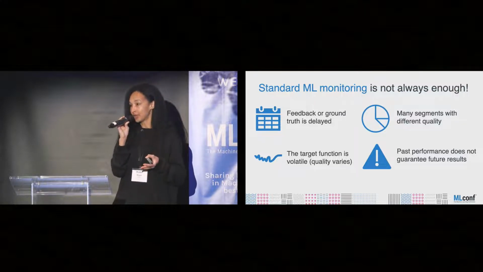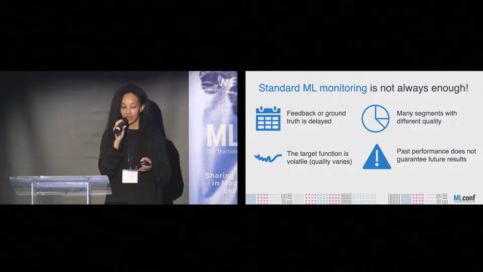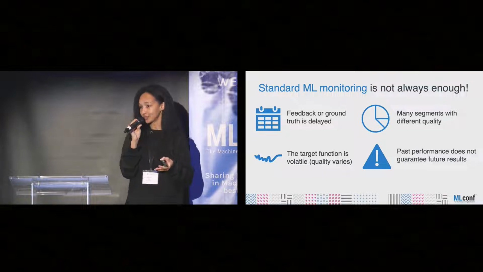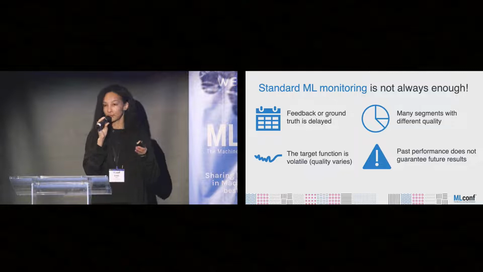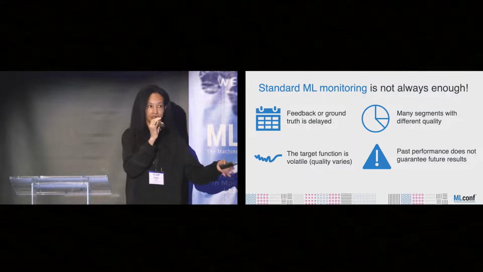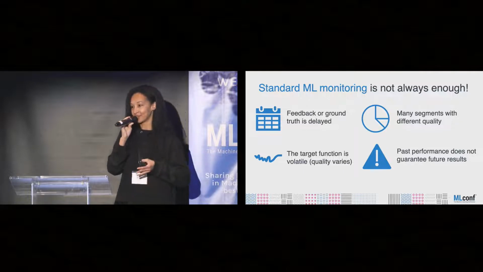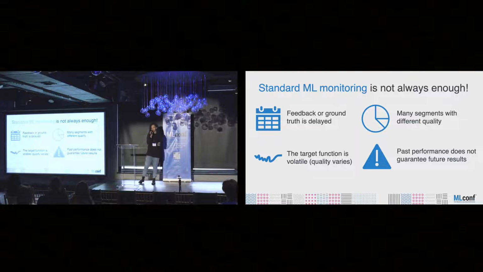But for example, when we have a regression problem and we have a lot of segments, like 10 or more, and we try to aggregate quality metrics, the aggregated metric can look better than it is. For example, if the model tends to underestimate the target on some segments, then overestimate the target function on other segments, then you aggregate the metric and you see that everything is okay, but it's not actually. So there are a lot of cases where we cannot just rely on the performance and we need to add something more.